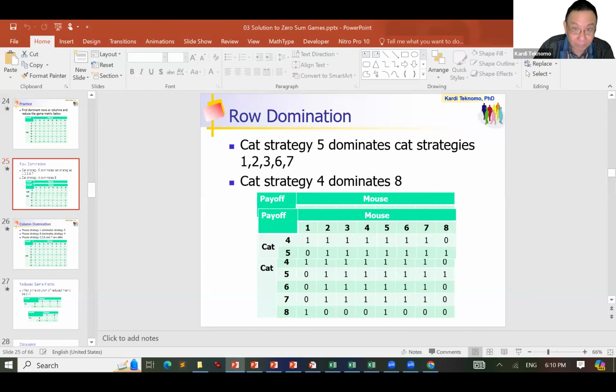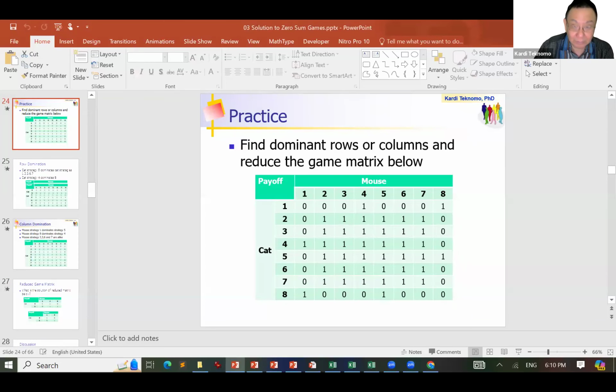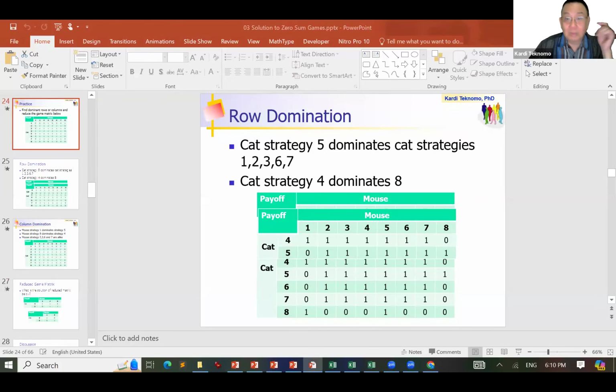First you have the game matrix of 8 by 8. After that, what you do is find which strategy dominates for the cat, and you see that 5 dominates 1, 2, 3, 6, and 7.